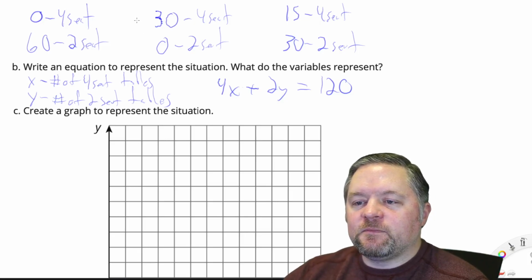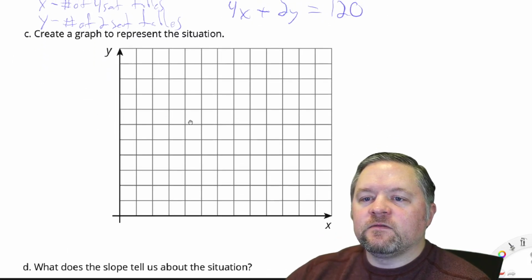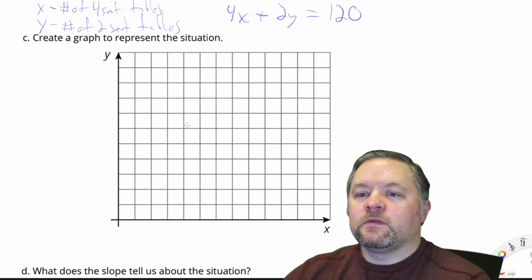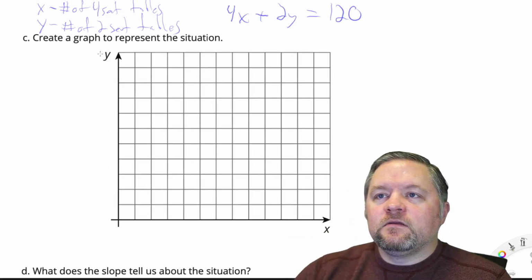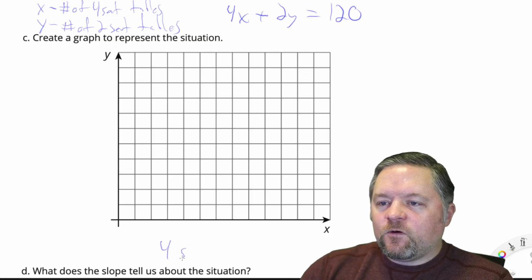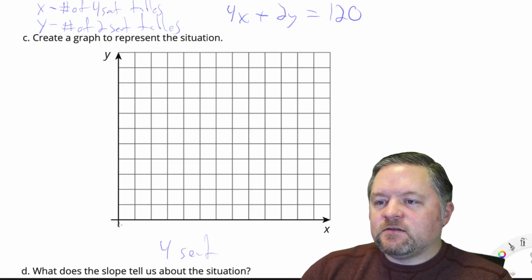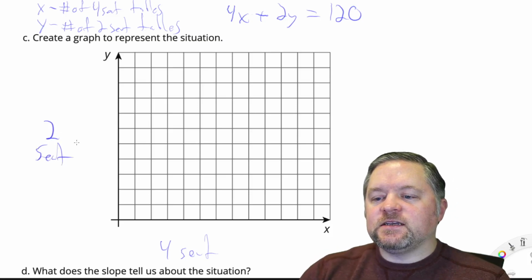And those will wind up being the X and Y intercept on our graph. So, create a graph. What do we want? We have X is 4-seat and then 2-seat tables.